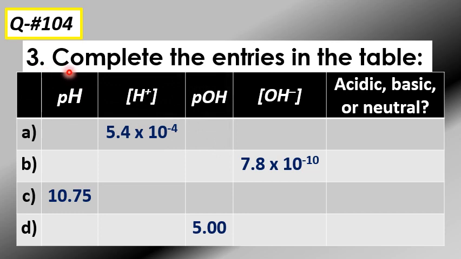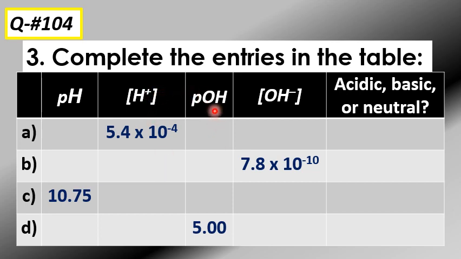In question number 3, you are going to complete the entries in the table. For each number or letter, in the first column, you have to provide the pH value of the solution. In the second column, you have to calculate the positive hydrogen ion concentration.